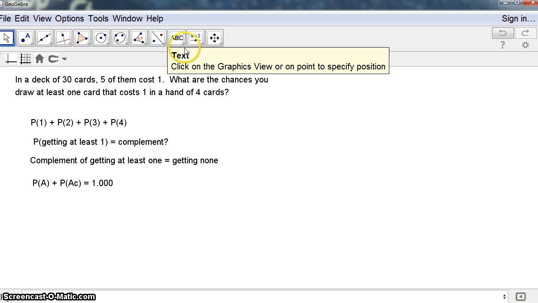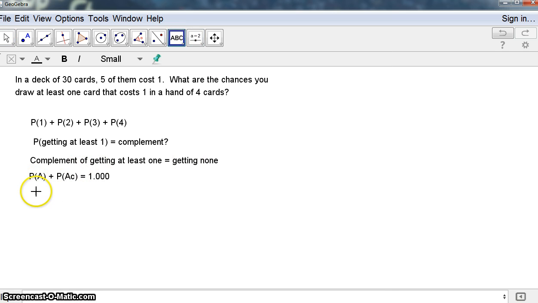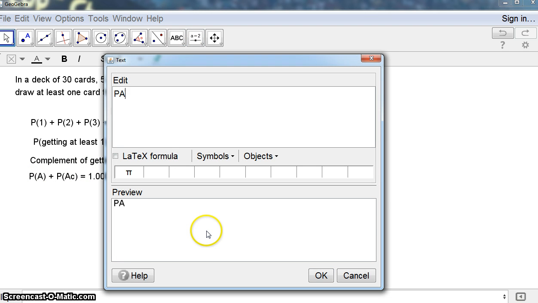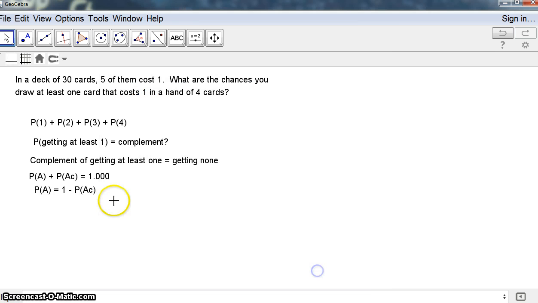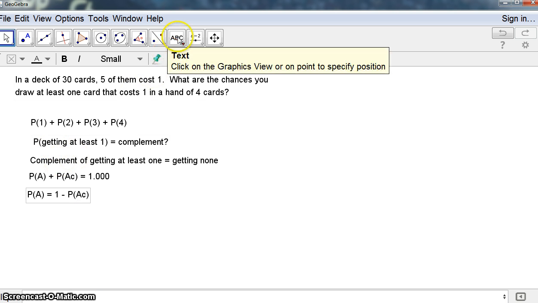So in this case, we've got a much easier way of going about this question: rearrange this formula and realize that the probability of getting at least one card that costs 1 is 1 minus the probability that we don't. You'll find it's quite easy to calculate the probability that we don't get a 1. That's much easier than going through all the different ways to get it.